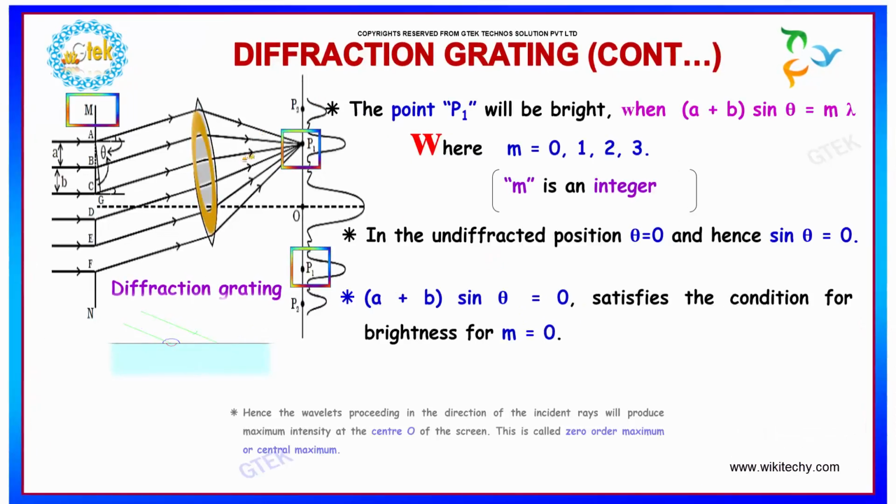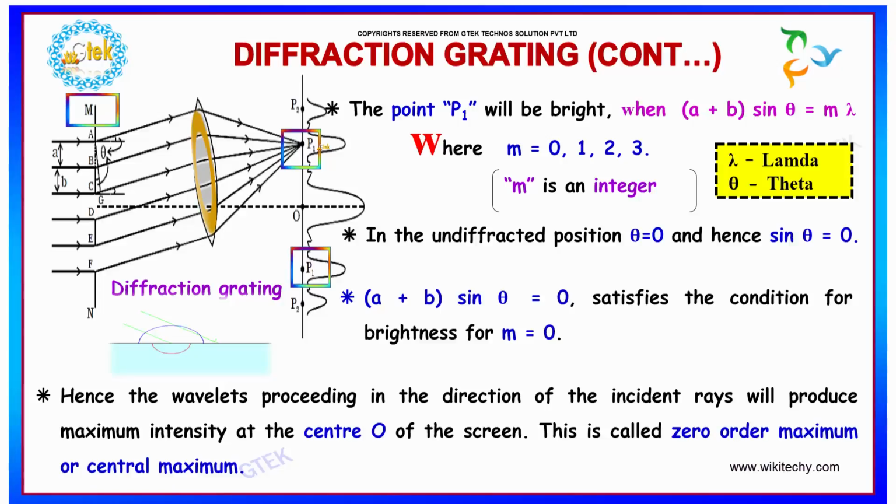The point P1 will be bright when (A plus B) sin theta is equal to m lambda, where m is equal to 0, 1, 2, 3, an integer. In the undiffracted position, theta is 0 and hence sin theta is equal to 0.